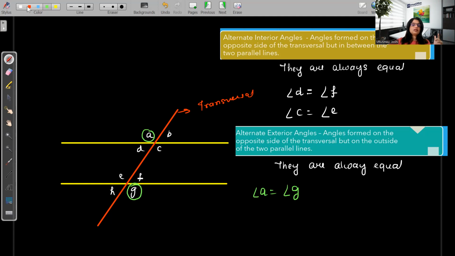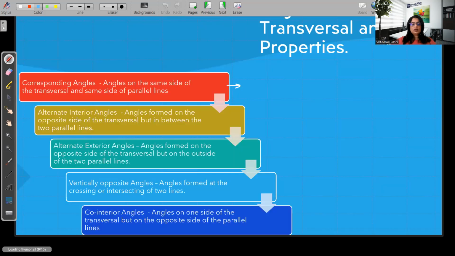And next we have angle B, which is equal to angle H. Are you getting it? So these are called alternate exterior angles. Are we getting it?